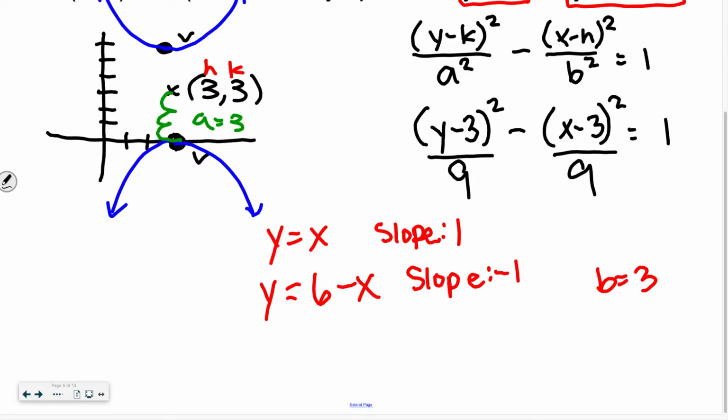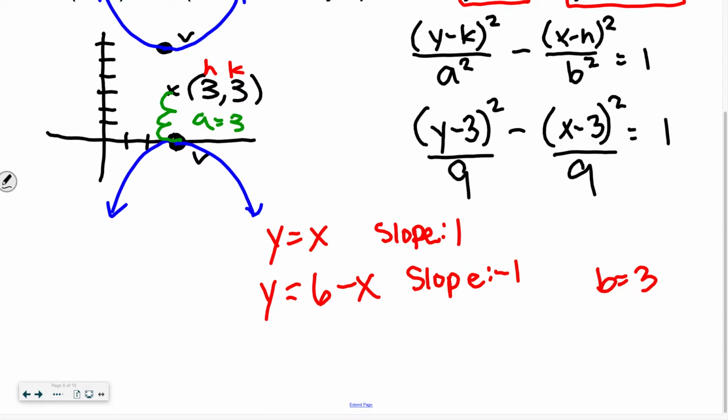Now the other way, what if it isn't so simple? What if a and b don't have to be the same thing? Then I would go back to my graph and think about, remember, we would have a rectangle, and the diagonals of that rectangle would be my asymptotes.